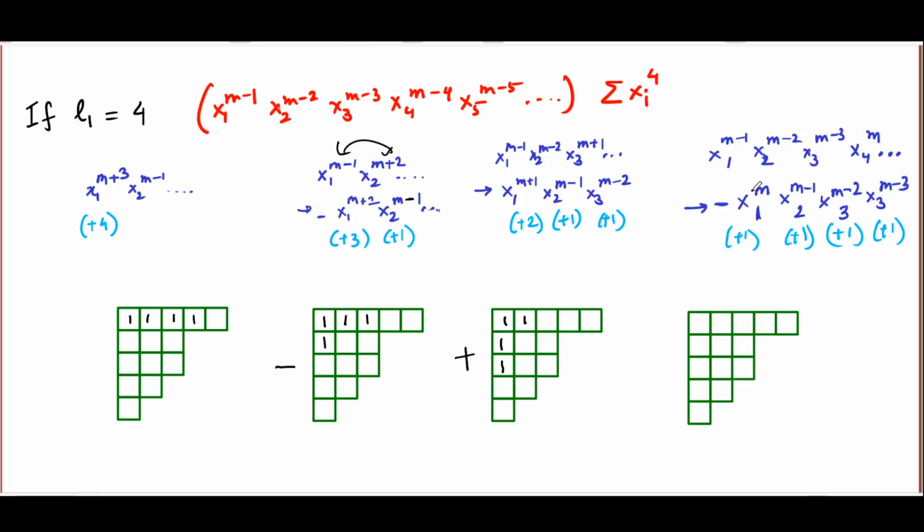What about this? Well, start in the 4th row, 1 more. Go up, 1 more than in the 2nd row. 1 more than in the 1st row, and you are left with 1. Only one left to place here, and this is an odd application because it involves an even number of lines, and you get a minus sign.